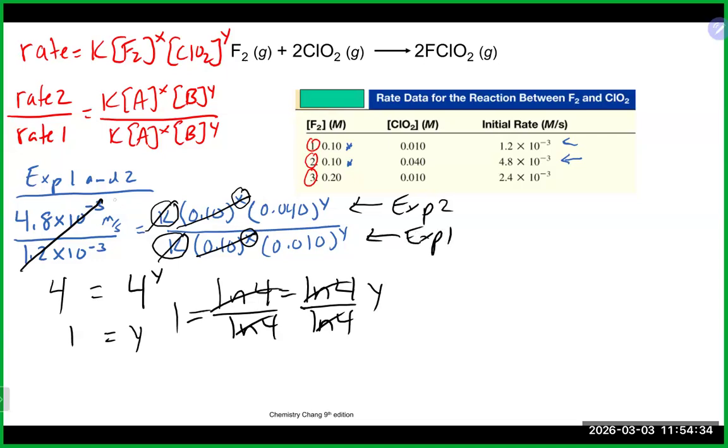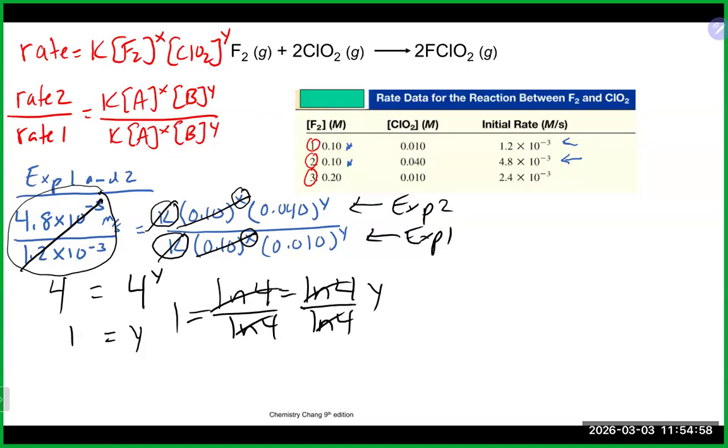So really the decision is just to give yourself more whole numbers. You probably want to put the one that has the larger rate, with all the information that goes with it, up on top and the smaller rate on the bottom. It doesn't really matter. You could do it the other way. You'll just get more of a decimal number rather than a whole number. For a lot of people, working with a whole number is a little bit easier, but it will come out the same. But that's how I would choose to do it.